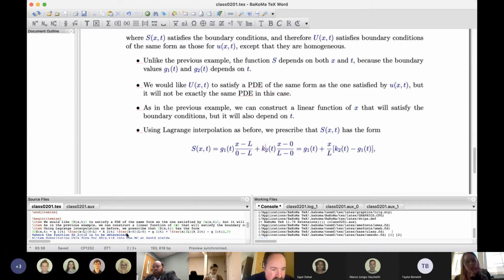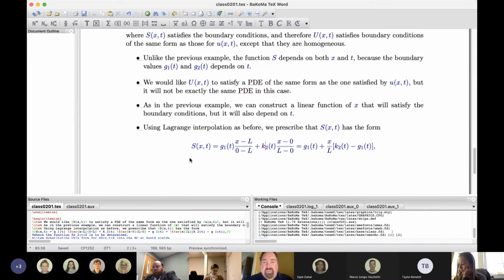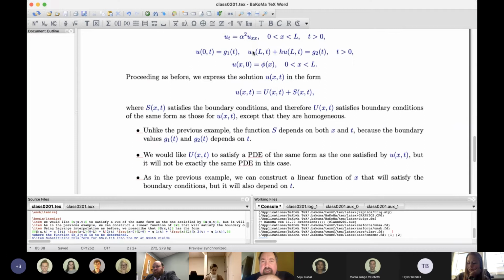Actually, sorry, not a typo. Okay, now, k2 is yet to be determined because this boundary condition is going to be more difficult to take into account.